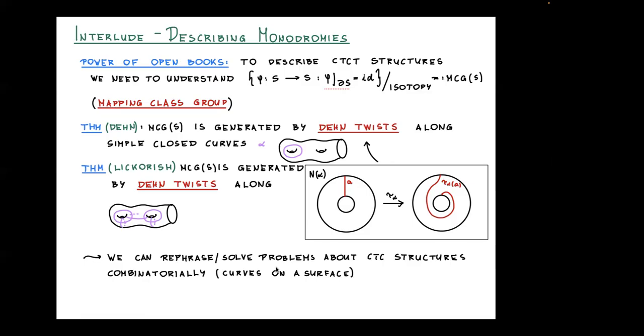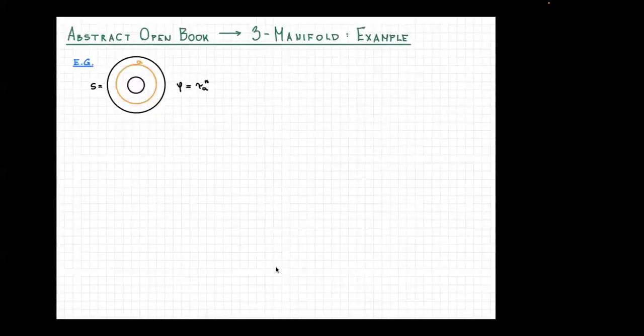So I wanted to give you one example of how you construct a three manifold from an abstract open book. So imagine that the abstract open book I'm having has page which is an annulus, and the monodromy is the Dehn twist to the nth power.